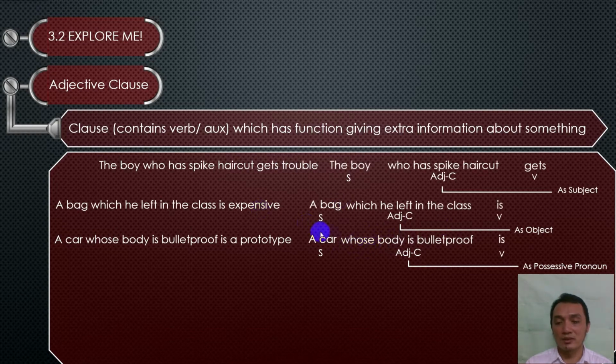So "whose" here is the substitution of a pronoun, belonging to whom. So this is called adjective clause as possessive pronoun, because the substitution that appears here is the question word used to ask about the owner of the body, "whose body is bulletproof is a prototype."